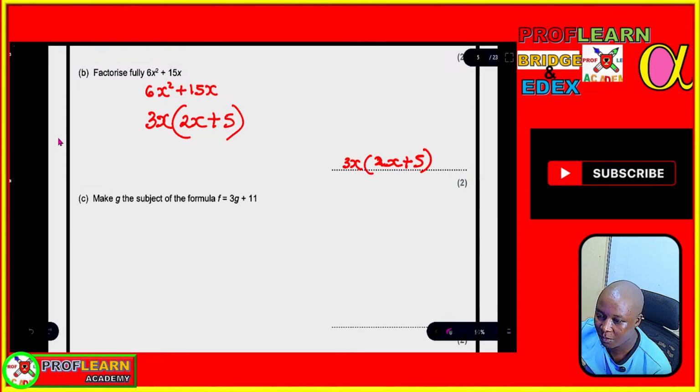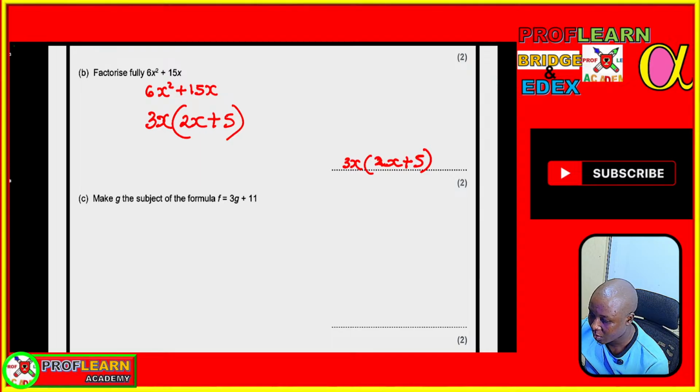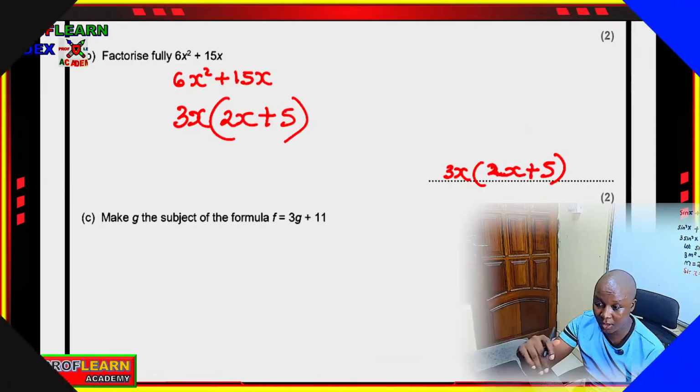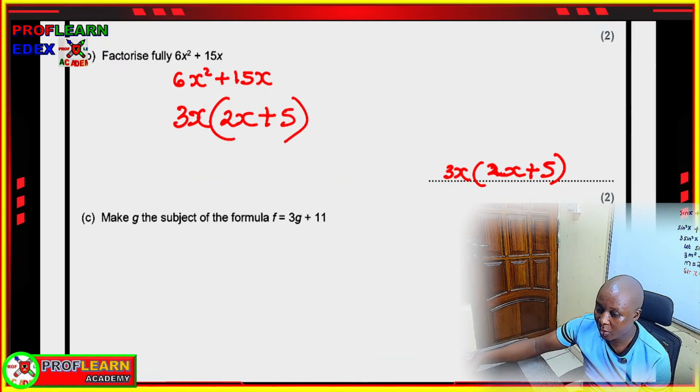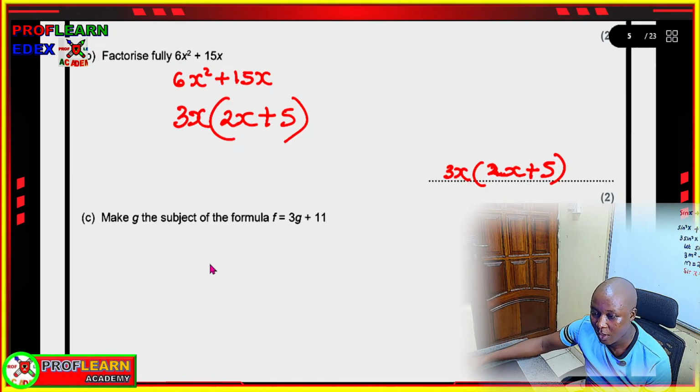Making g the subject of the formula, so you need to know how to make the subject. That is another area that probably will be tested in this coming exam. You have to know how to make the subject so that you can prepare well for that exam. So we're going to say this is 3g plus 11 is equal to f.